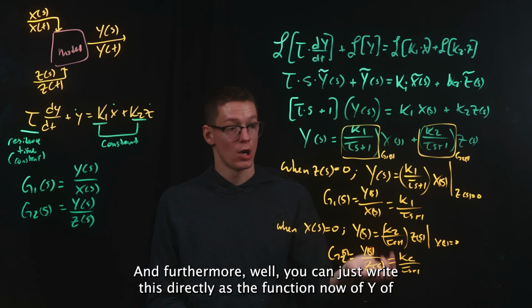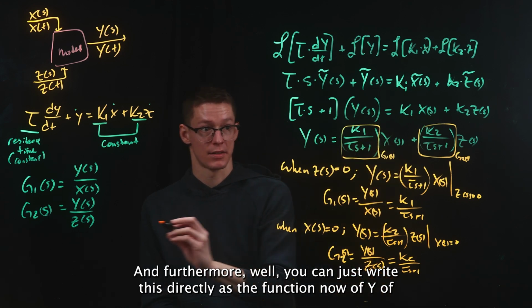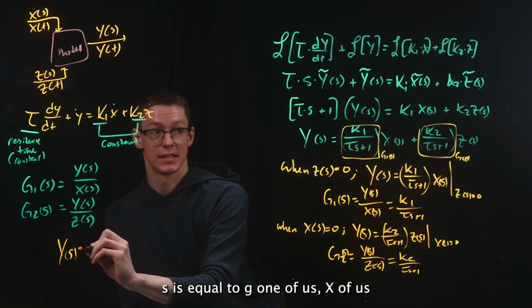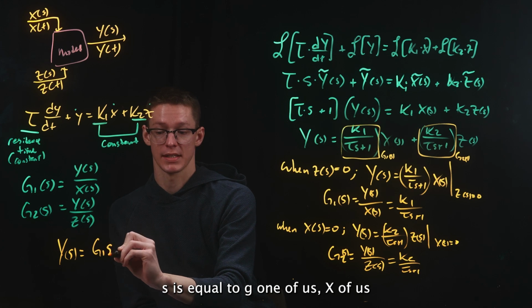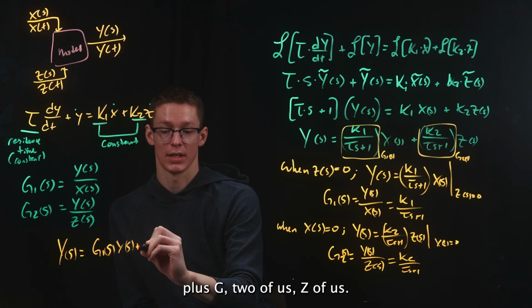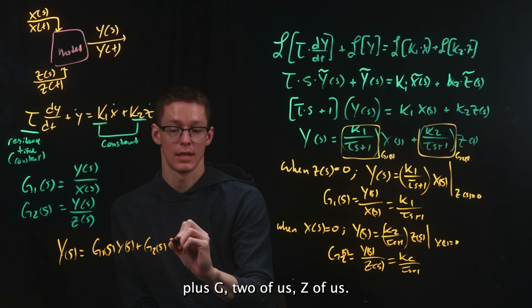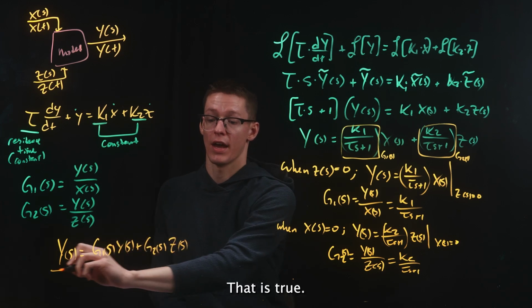And furthermore, while you can just write this directly as the function now of y of s is equal to g1 of s, x of s plus g2 of s, z of s, that is true.